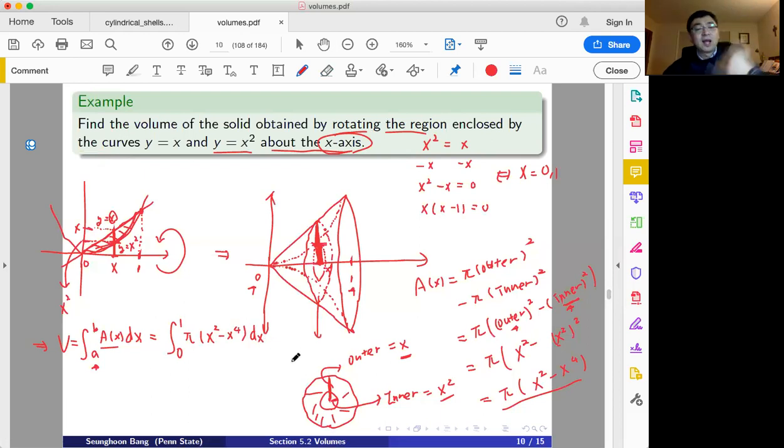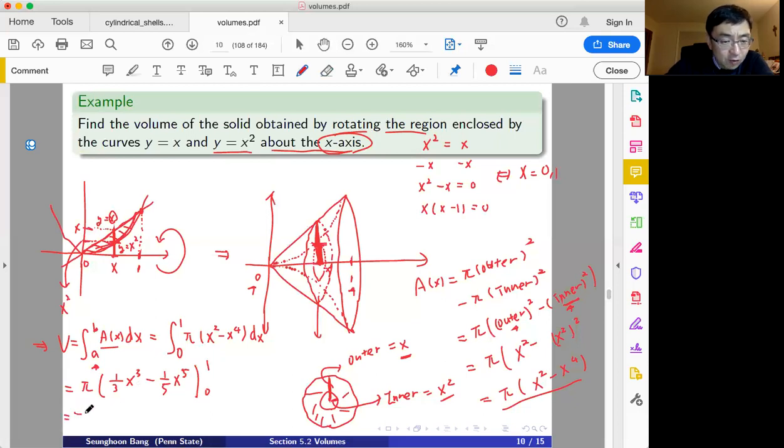This one, and calculate. So what's that? This is pi times the integral: x squared is 1 over 3 x cubed minus, integral of x to the 4 is 1 over 5 x to the 5, from 0 to 1.